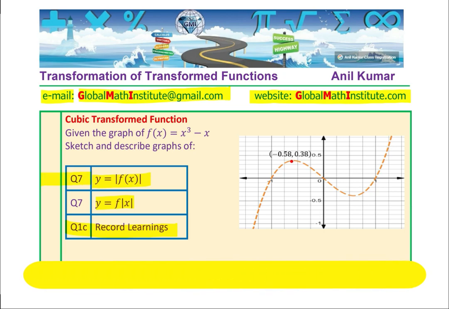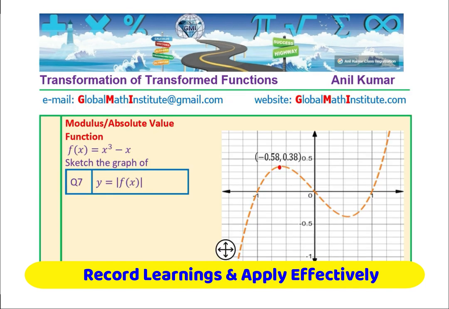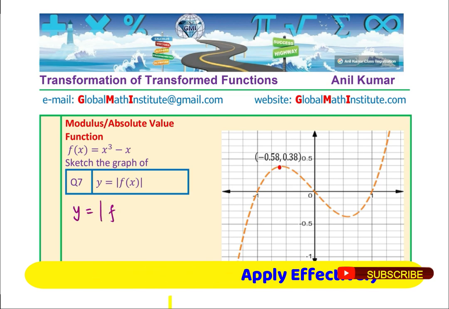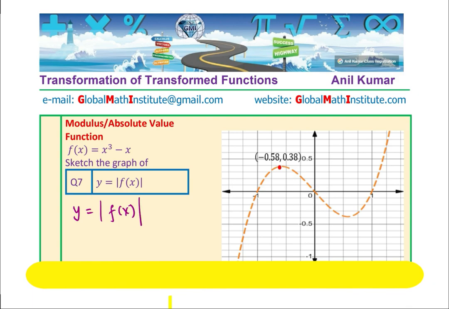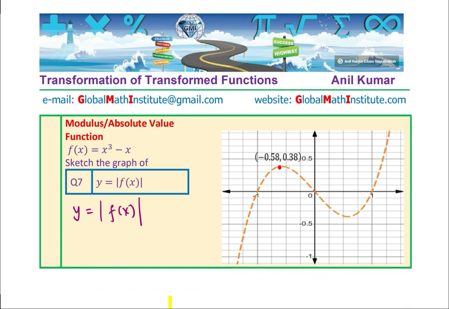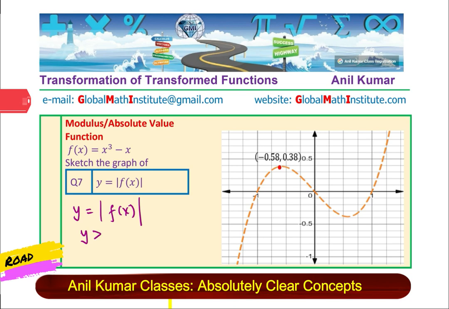Well, we have dealt with this question in details. Let me just show you a part of it. Absolute value of x means that negative becomes positive, right? So if I do y equals to absolute value of f of x, it really means that wherever y is greater than or equal to 0, no change. But if y is less than 0, then reflect on x-axis.